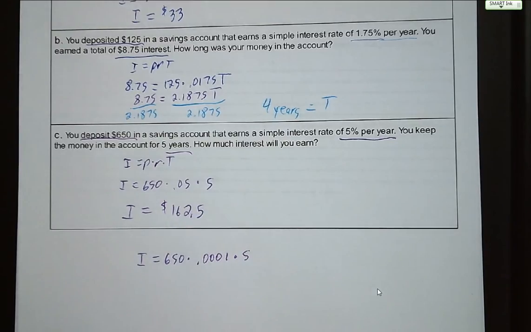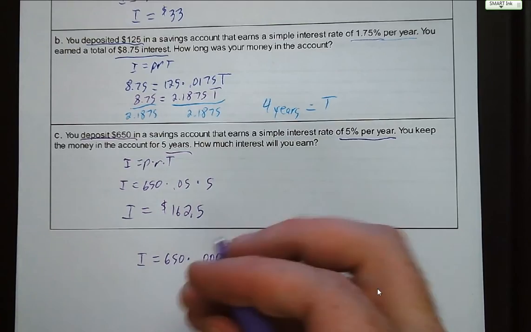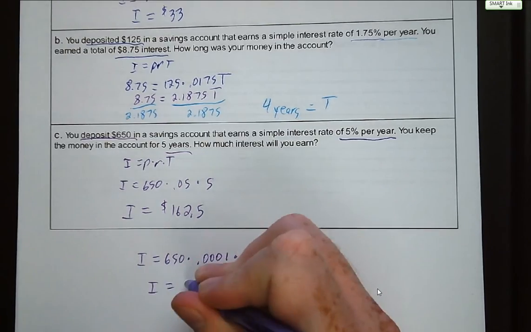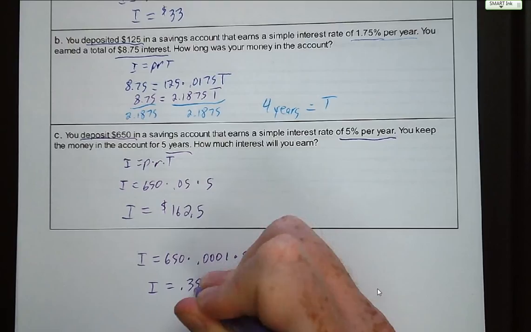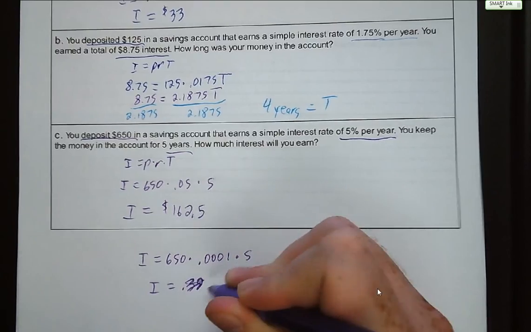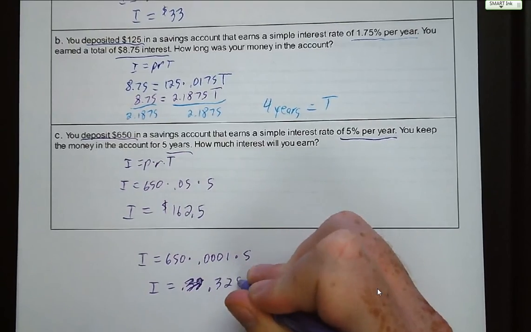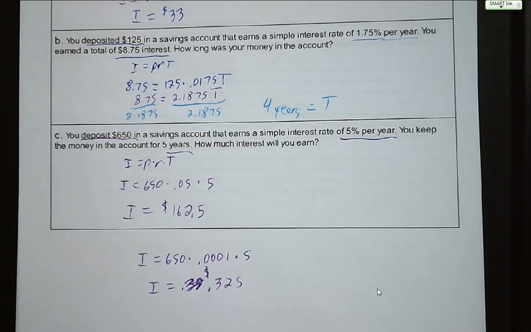And when we multiply that out, your interest is 0.325, or 32.5 cents. Quite a big difference. Savings accounts right now are not making much money, but they're safe and they're insured.